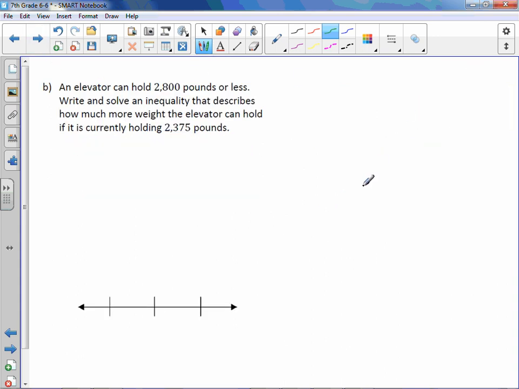Letter B. An elevator can hold 2,800 pounds or less. Write and solve an inequality that describes how much more weight the elevator can hold if it is currently holding 2,375 pounds. So let's write our let statement. Let x equal, we are talking about how much more weight, we're talking about pounds here, so we'll just say pounds.